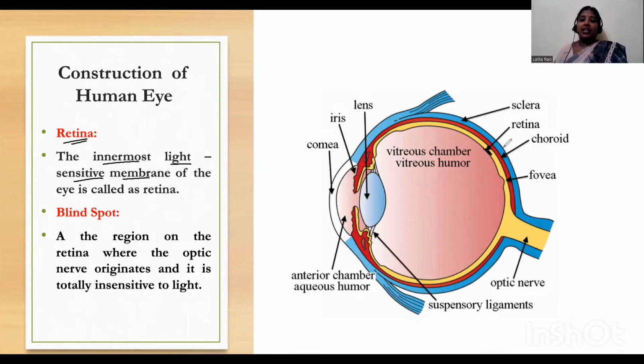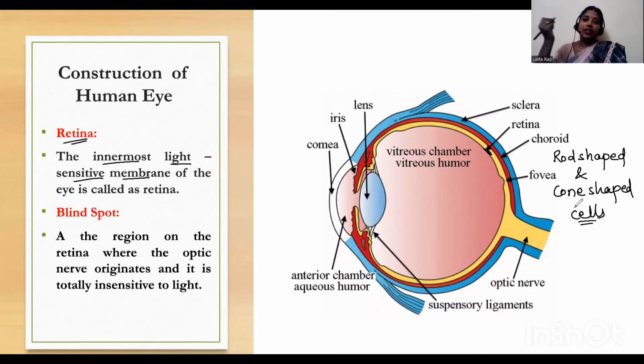Now this retina contains rod-shaped and cone-shaped cells. These rod-shaped and cone-shaped cells respond to the color and the intensity of the light. It means you are able to differentiate between different colors because of these cells, and you are also able to respond to intensity.